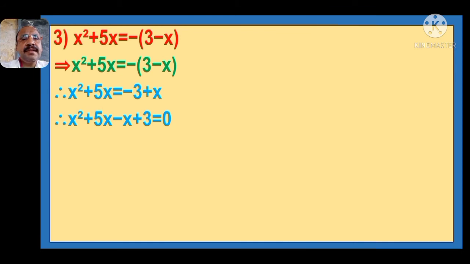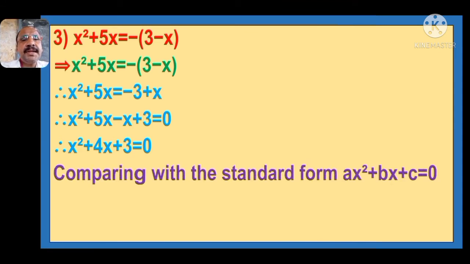After rearranging the equation, x square plus 5x minus x plus 3 is equal to 0. Therefore, x square plus 4x plus 3 is equal to 0. When we compare this equation with standard form ax square plus bx plus c is equal to 0, then a is equal to 1, b is equal to 4 and c is equal to 3.